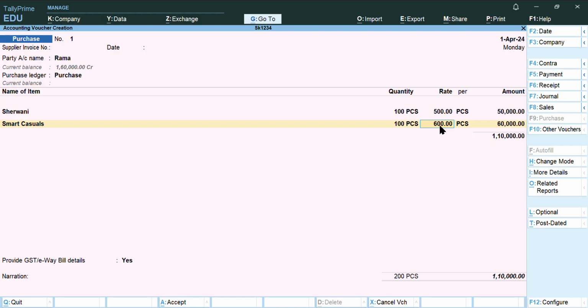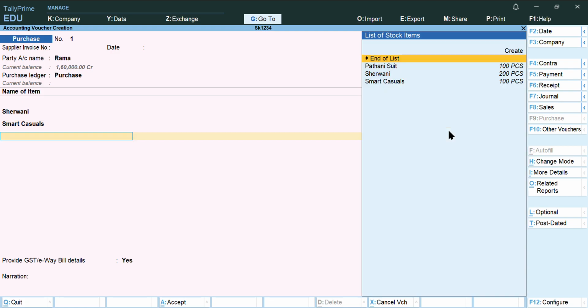Okay, but if it's not there, it's a new amount. So we'll simply move here and we will write the amount here. Suppose the amount was not 60, say it was 70. When you enter 70, it will automatically change the rate per unit. But anyway, let us go backspace and write the correct amount 60,000.